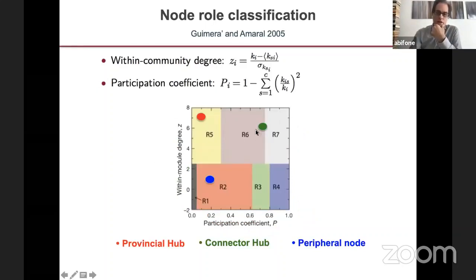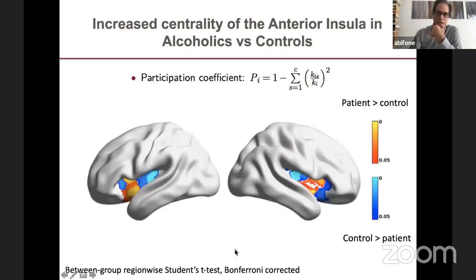Particularly nodes that are characterized by high participation coefficients are also very important for the network integration, and sometimes they are referred to as connector hubs.